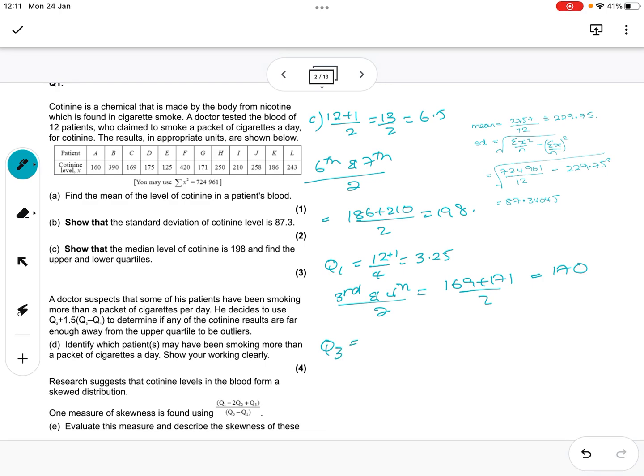Q3 will be that times 3, so 9.75. Again, because it's not a whole number, you need the 9th and the 10th terms divided by 2, which gives you 250 plus 258, all divided by 2, so it gives you 254. So that's all those first 3 questions done.